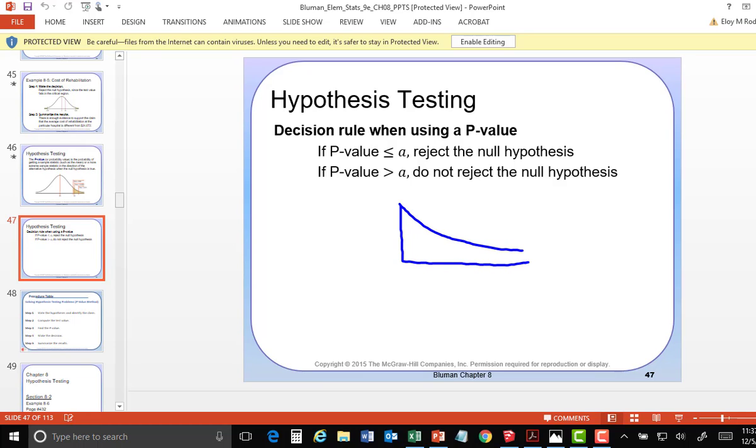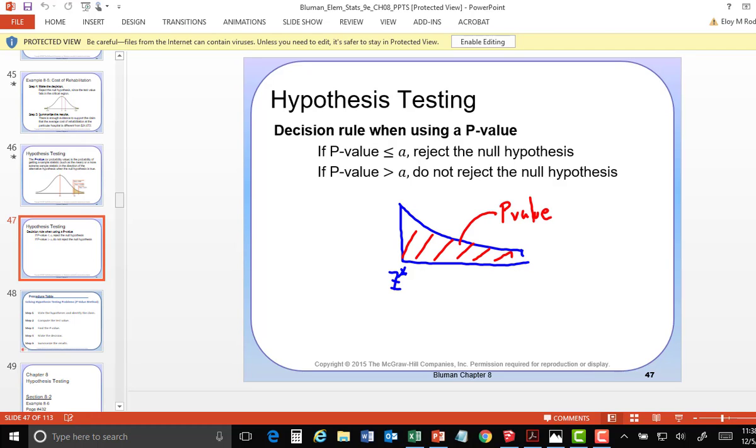And if this is where Z star hits, that's the test statistic, then the area under that from the test statistic this way is the p-value.